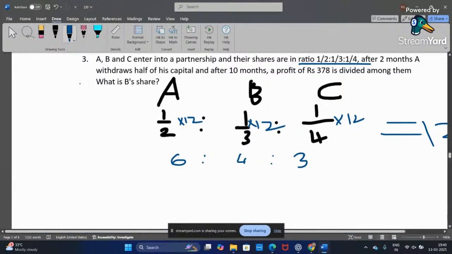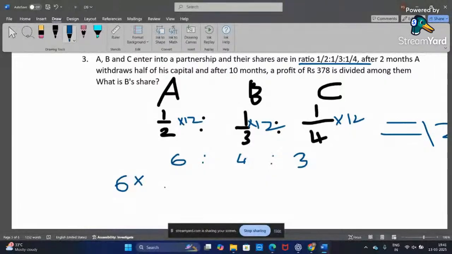And after 2 months, A withdraws half of his capital. That means in this ratio of 6, we don't know the exact amount, right? We know the ratio.